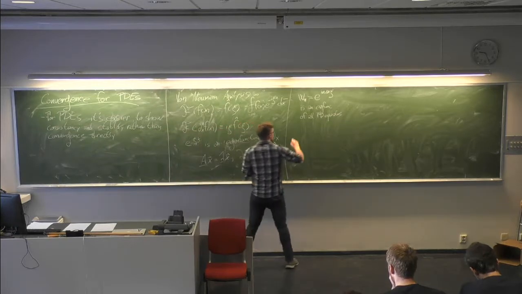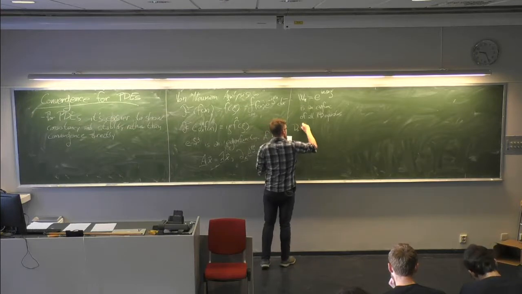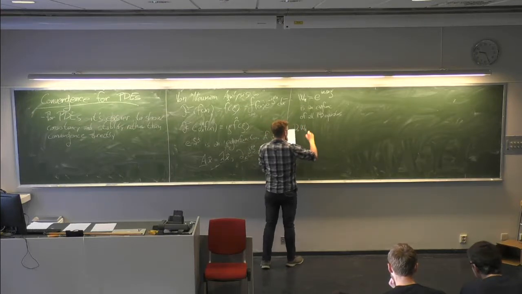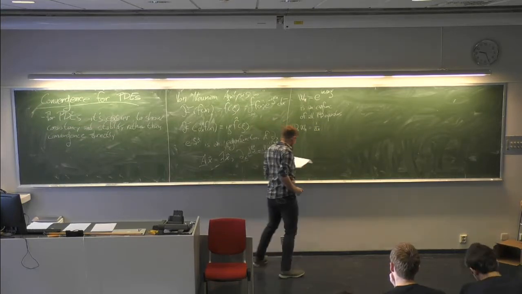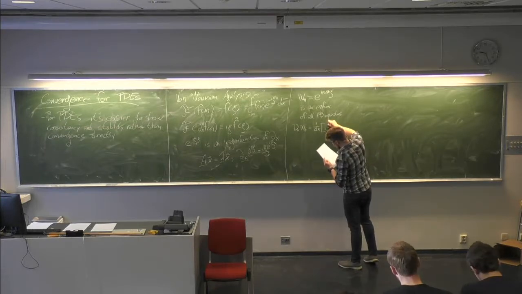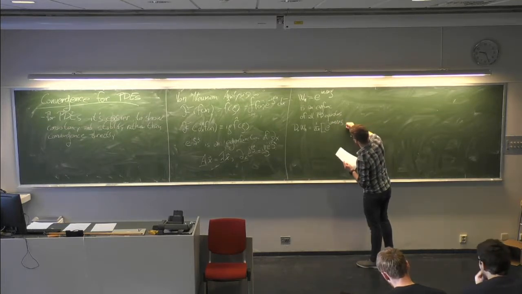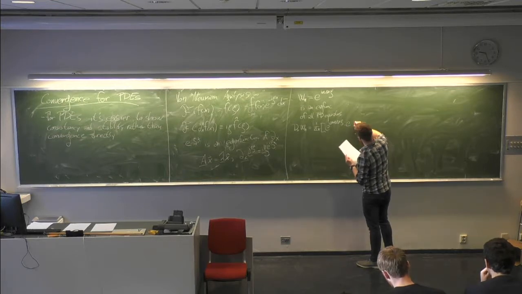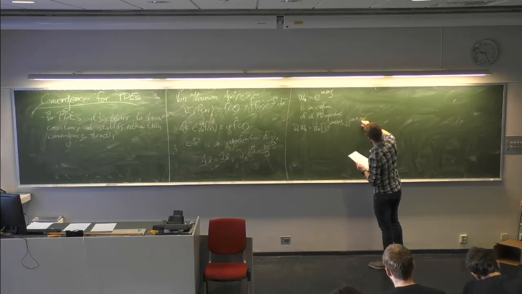I guess we have a quick example. Central difference. Let's just go over it. So this is the operator D_x applied to e to the i n delta x psi, which is e to the i (n+1) delta x psi minus e to the i (n-1) delta x psi, all over 2 delta x.